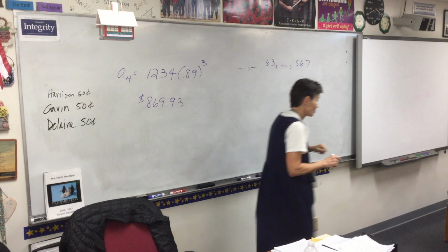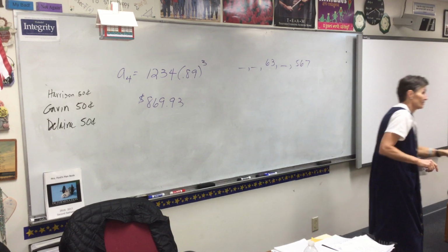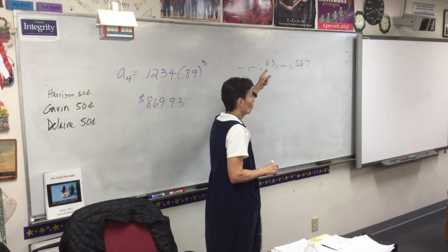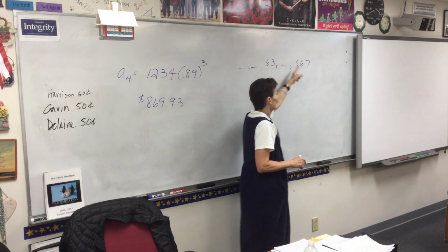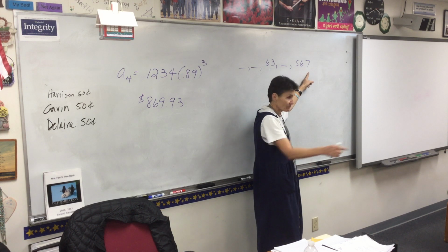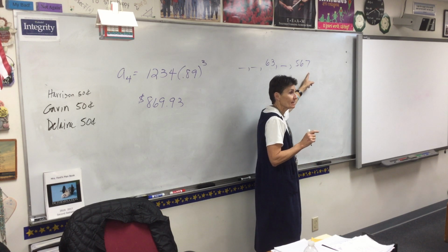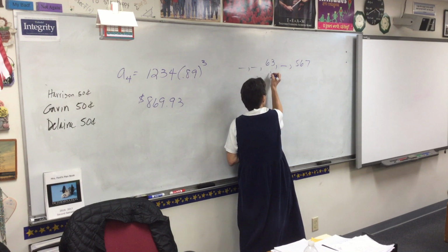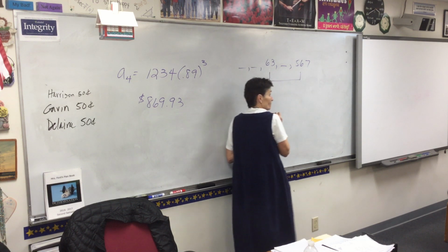Now, I've told you that it's geometric, so you know multiplication is involved. So what times 63 would give you 567? 9. You can figure that out on your calculator, 9. Now, timesing by 9 would take you straight from here to here.